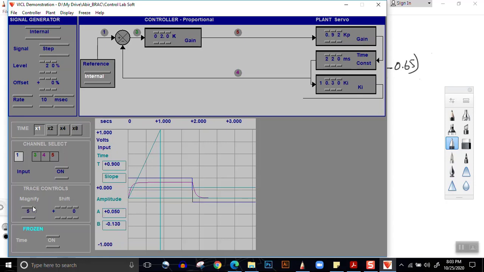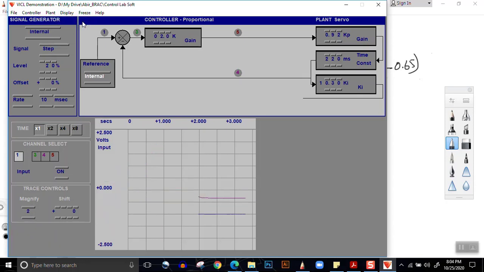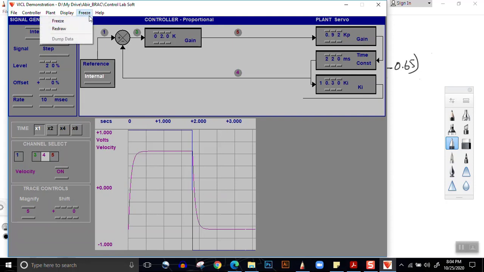We magnify it 2 times, then we start again, or maybe we can magnify it 5 times as well. It will give a better response. We magnify both input and output by equal range. So this is our output now. This will give us far better resolution.